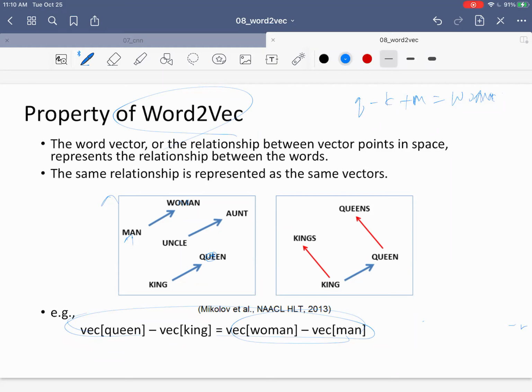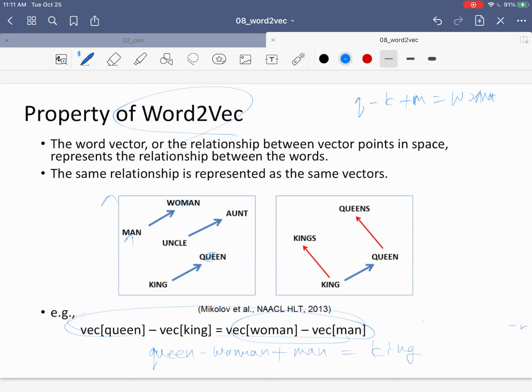But when you see an example like the queen, let me see. What example would it be here? A queen minus a woman. According to this equation, queen minus woman plus man equals king.